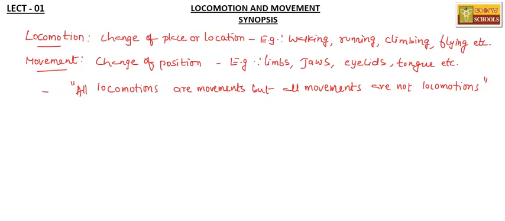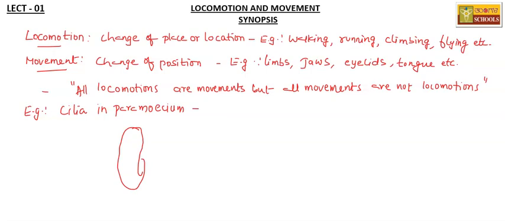In the case of cilia in Paramecium, the cilia in Paramecium help in movement of food through the cytopharynx.